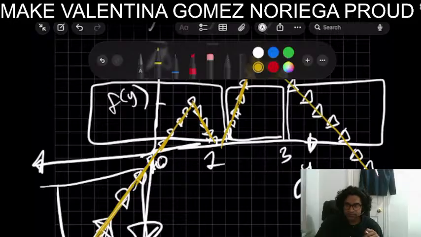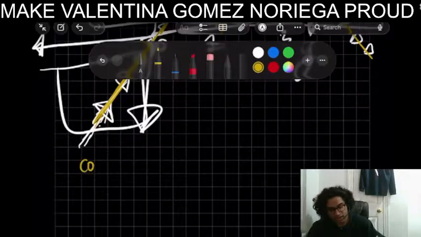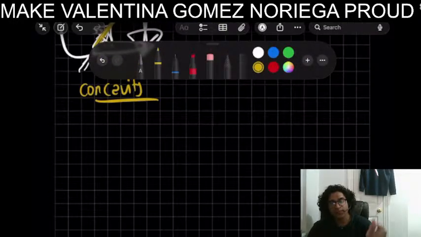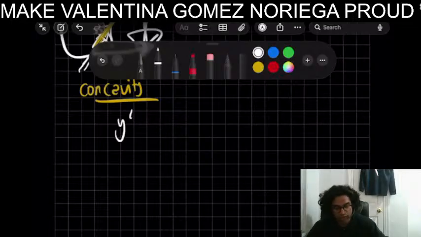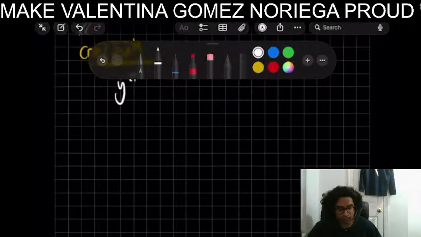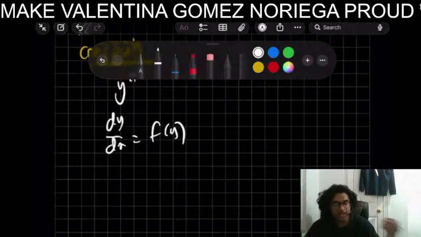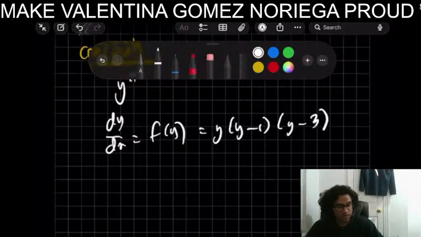Cool. We can check the concavity. The way you can check the concavity is by second order differentiating it, so by y prime prime. Now obviously dy by dx is f of y, and f of y being y minus 1, y minus 3.